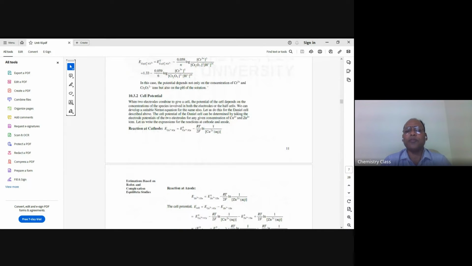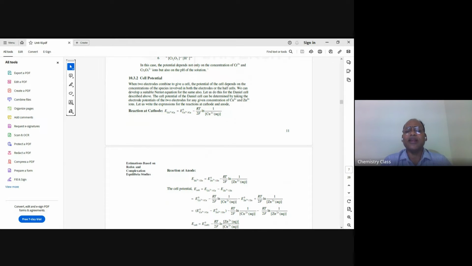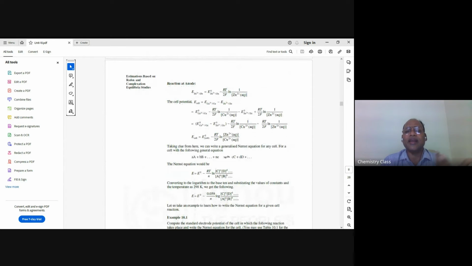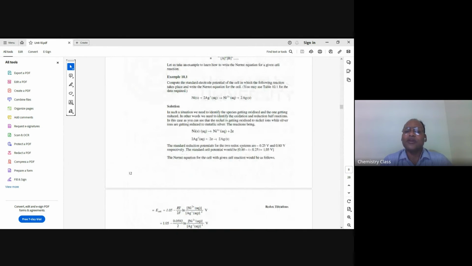That is the formula. Then you can find the cell potential, same thing here. If we find the reaction at the anode side, we put in the anode values, and likewise for the cathode side. You can do it accordingly.